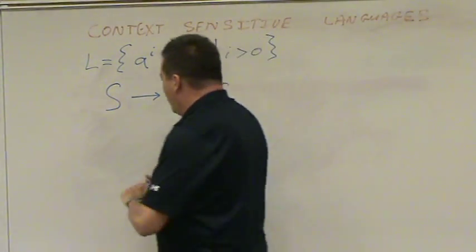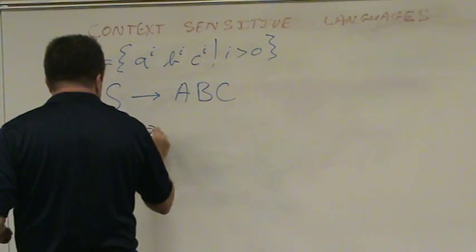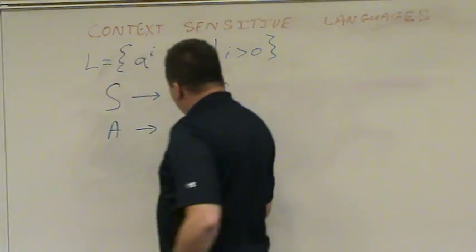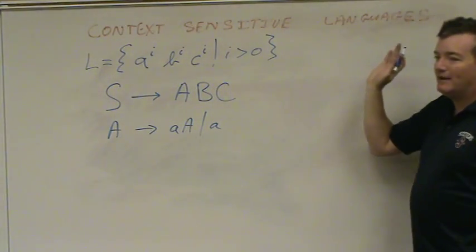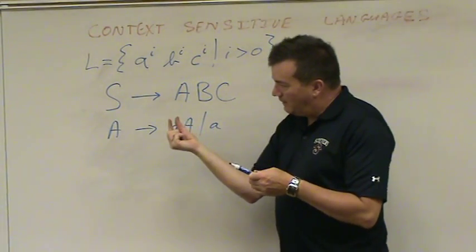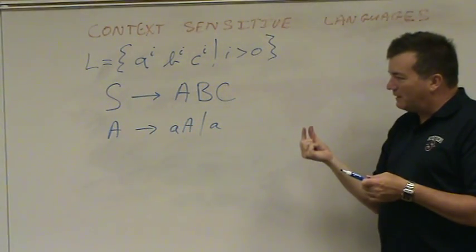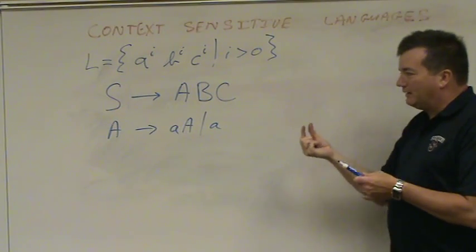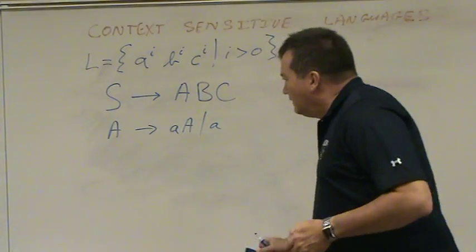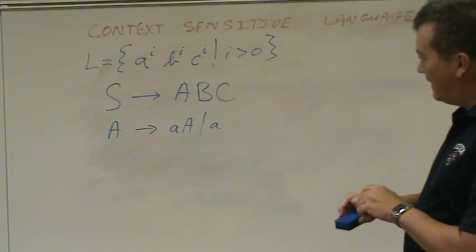We don't want to have a rule like this, A equals little a followed by big A. We never want to have this because now we can have a random number of A's. We want to somehow say, if you see an A, there has to be exactly one corresponding B after it and exactly one C after it. How can we force that?